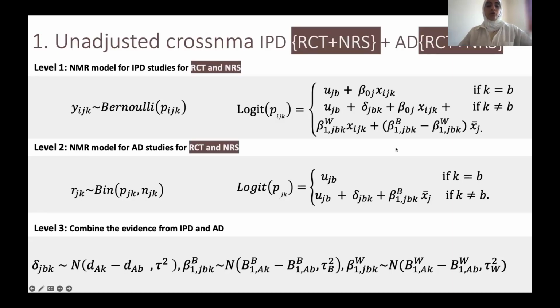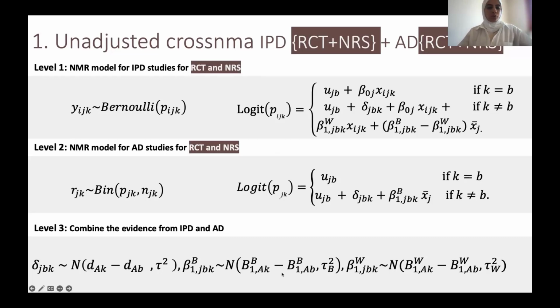And then to combine RCT and NRS in the same model, we have created different extensions of this three-level hierarchical model. The first one is to analyze both data within the three-level hierarchical model naively, by adding randomized clinical trials and non-randomized studies to each level, here to individual and to study level, and combine the evidence without any differentiation between the two designs.